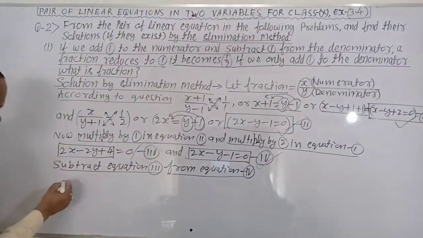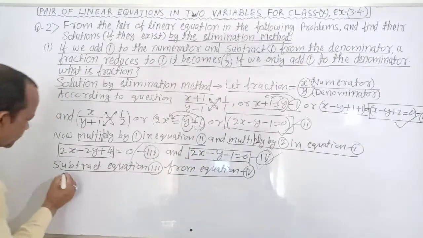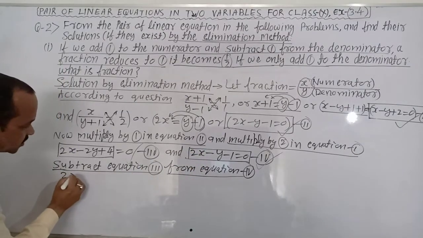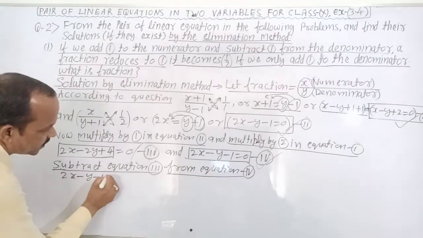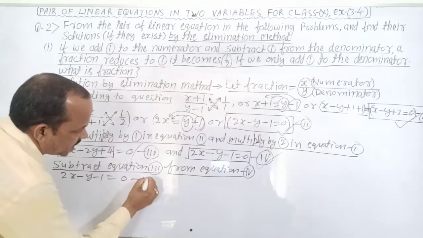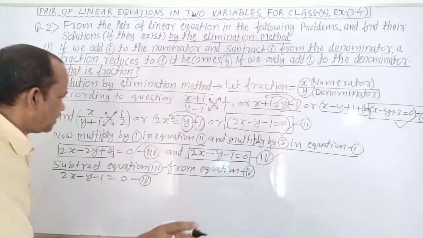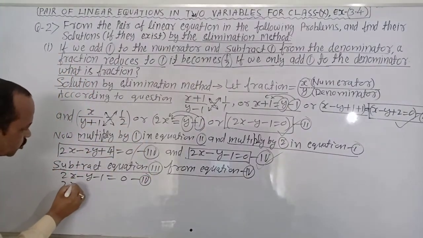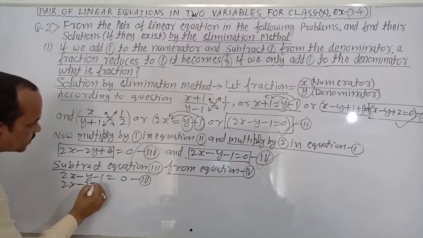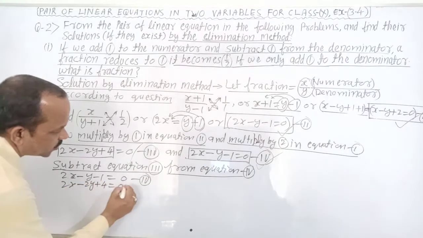Equation third, equation fourth. 2x minus y minus 1 equal to 0, it is equation 4. 2x minus 2y plus 4 equal to 0, it is equation 3.